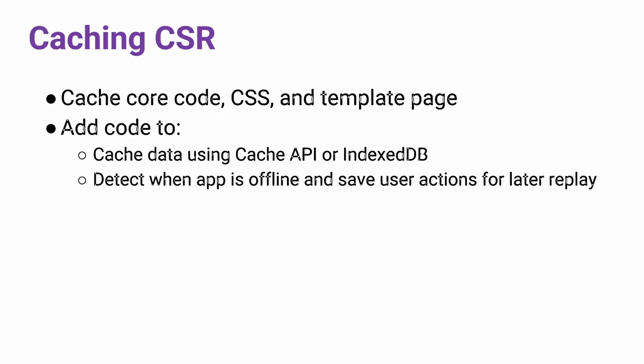Caching on the client side, it caches the core code, CSS, template pages, and then detects and caches the data using the Cache API or IndexedDB to store the non-URL data. And also detects if the app is offline and saves user actions for later replay.